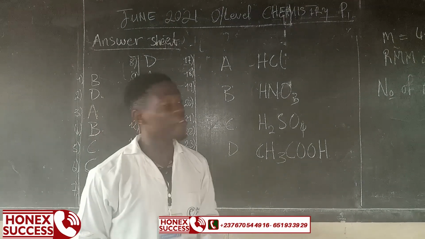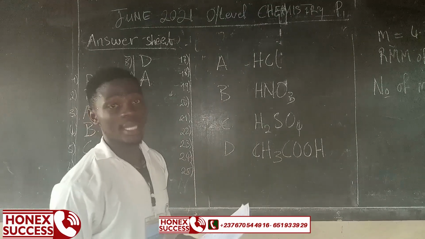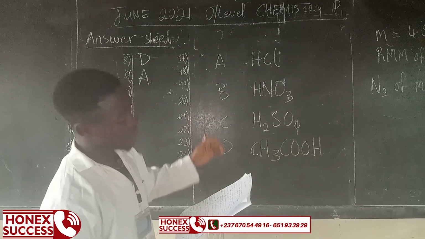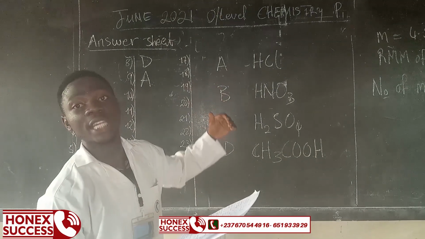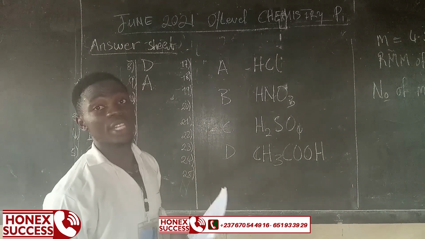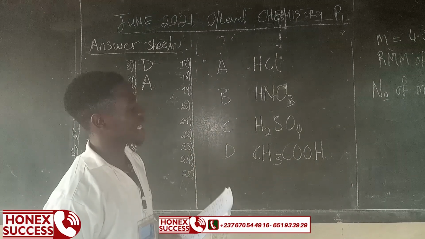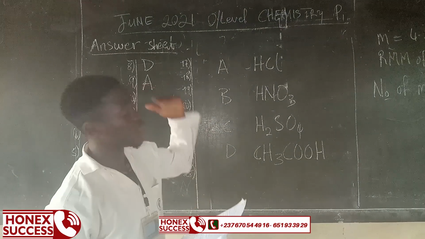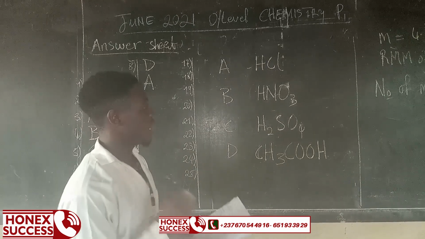The first thing we have to know is what a dibasic acid is. To be dibasic simply means you give away 2 hydrogen ions when you are in solution. It means you have the ability to give away 2 hydrogen ions in solution.